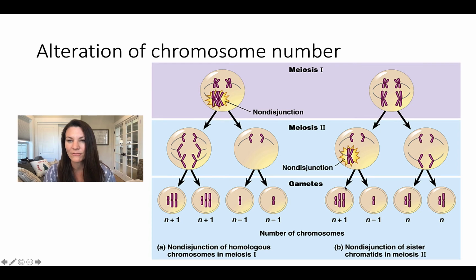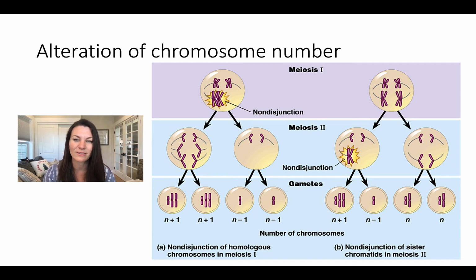Now, if the non-disjunction occurs where sister chromatids fail to separate in meiosis 2, some of the gametes could be appropriate. Like here we have this normal separation in meiosis 1, but then when we get to meiosis 2, we have this chromosome failing to have the sister chromatids separate. So in this case, we end up with 2 of the gametes that have the inappropriate number and 2 of the gametes that have the appropriate number of chromosomes.